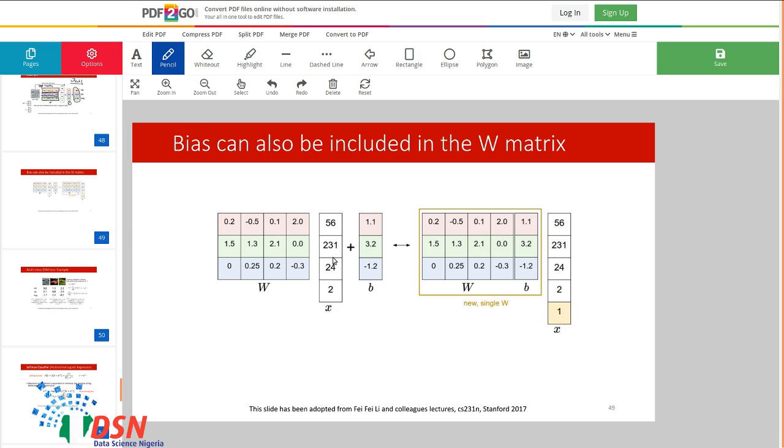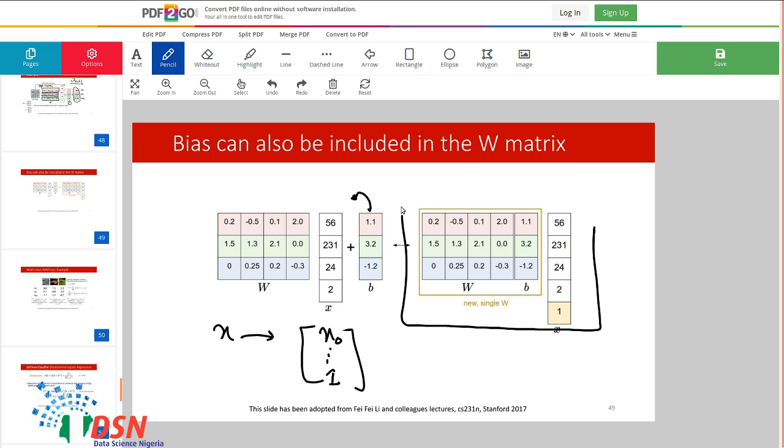One of the things that we talked about is that we could include the bias in the weight matrix. If we add one extra dimension to x and put it as always 1, then we could append or concatenate the bias vector to the weight matrix and see this as just W transpose X tilde.